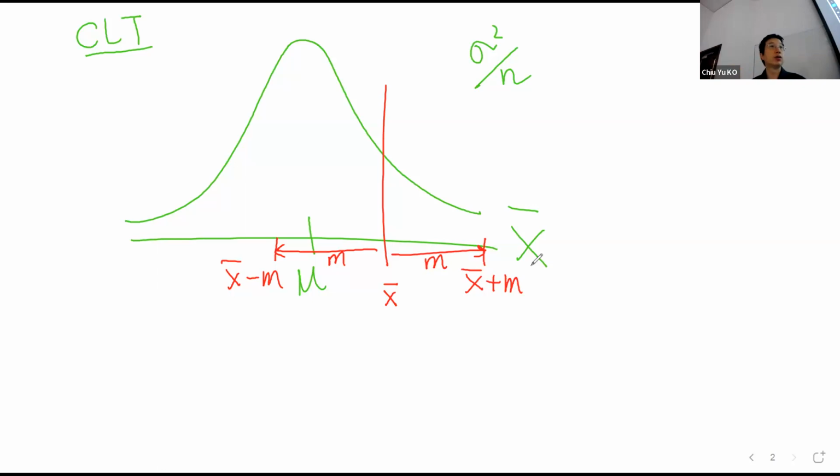That is the way to go. M will be just 2 SD of this guy, or 3 of this guy. That will include most of the thing. So that will be our interval estimate.